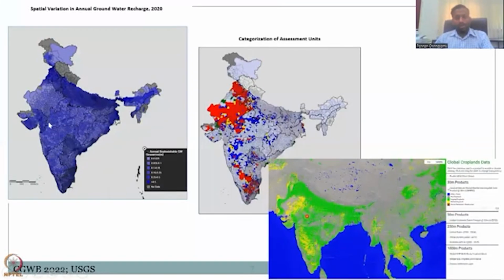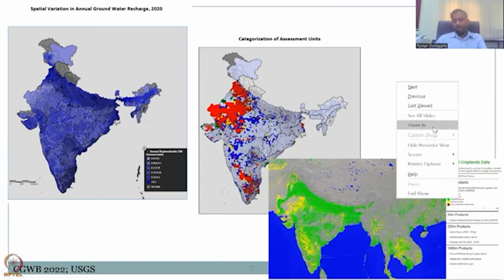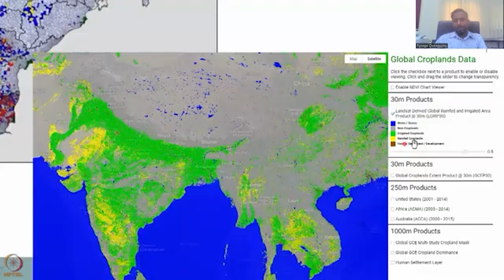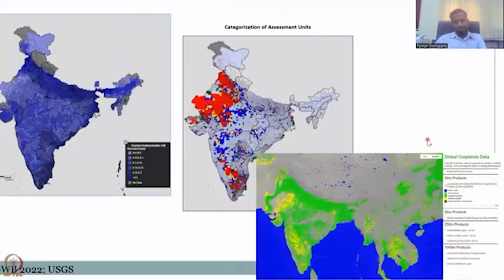So if you compare these diagrams, all these images, you could see that along where there is a lot of recharge, along this part, the Ganges part, there's no blue color turning into red, which is okay. They say that, okay, you're recharging and you're using. And that also resembles this part, where you could see that the green color in this diagram is irrigated cropland. So groundwater is being used, okay.